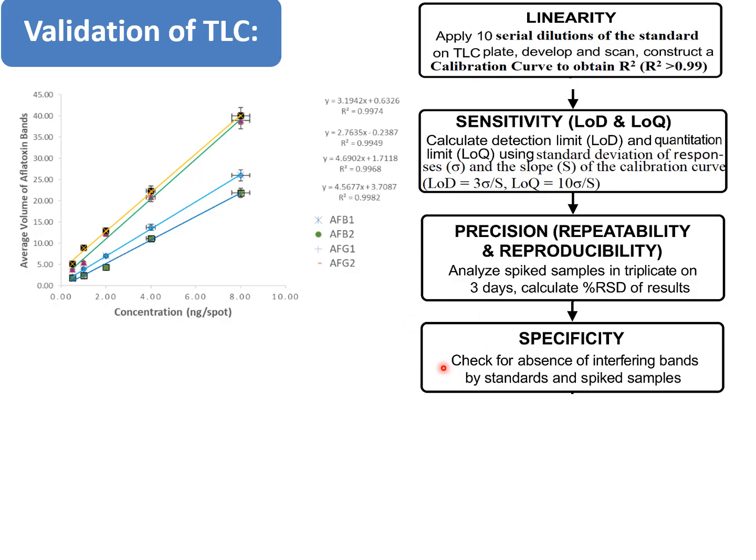Specificity of the method is the ability of an analytical method to measure the analyte of interest accurately and unambiguously in the presence of other components that might be expected to be present in the sample, such as impurities, degradants, or matrix component.